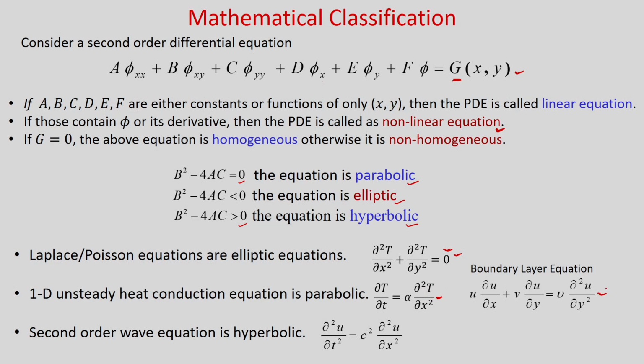The second order wave equation is hyperbolic, since b square minus 4ac will be greater than 0. The details of the mathematical and physical classification you can study from any CFD book.